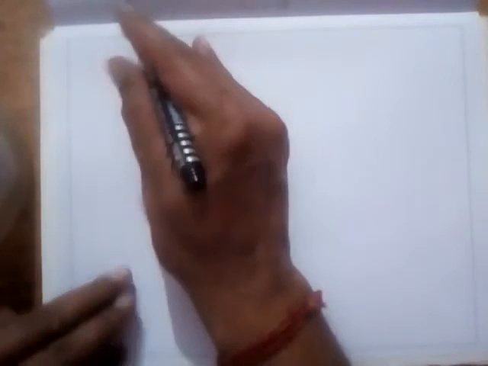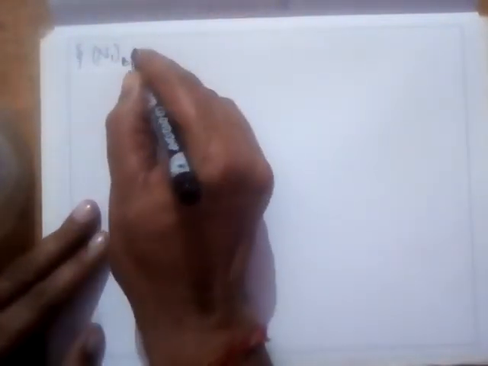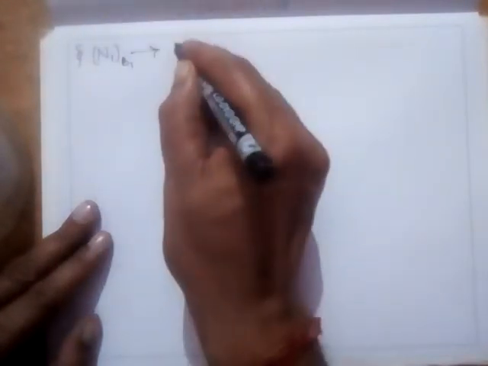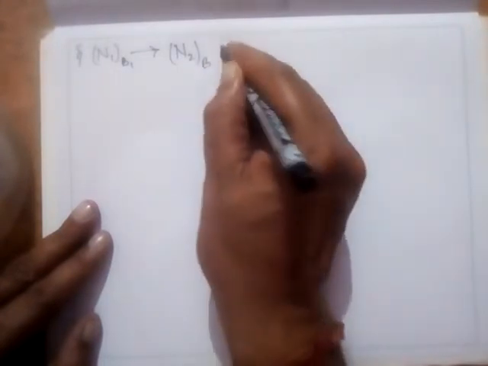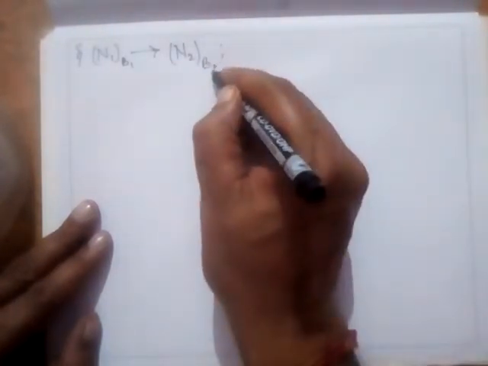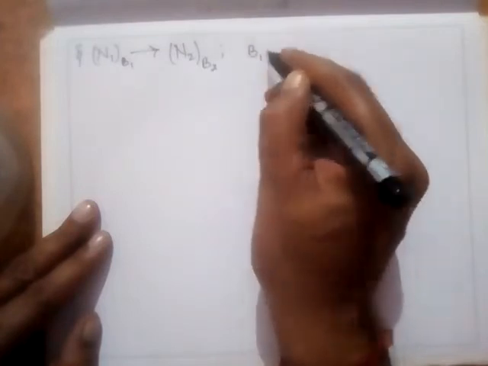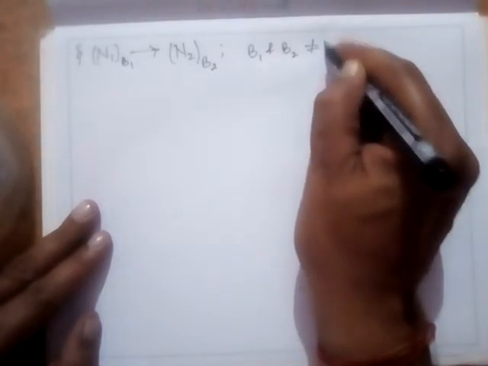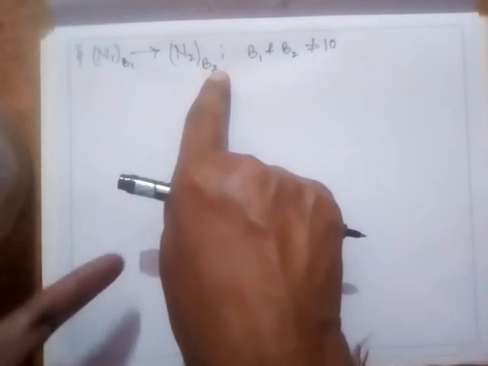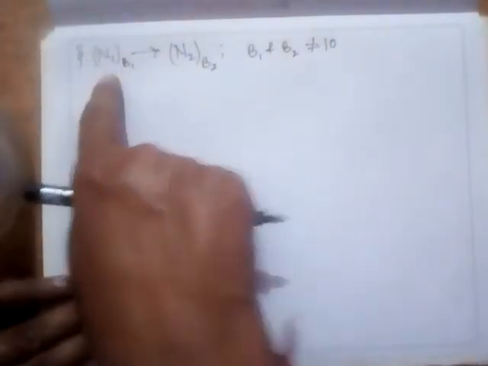Suppose you have a number n1 with base b1, and I want to convert this to another number n2 with base b2, such that b1 and b2 are both not equal to 10. None of the bases are 10. If I have to convert to base 10 or from base 10, I know how to do this.